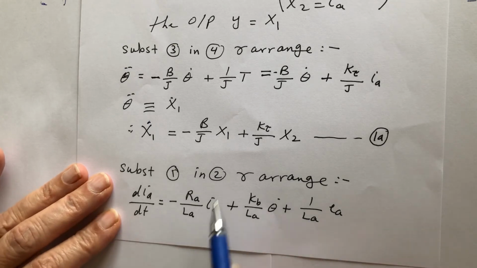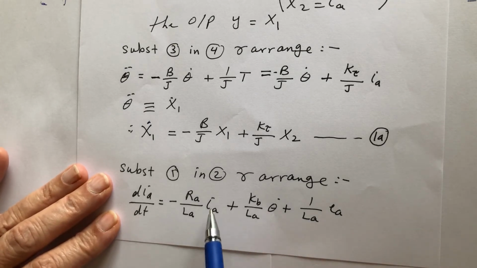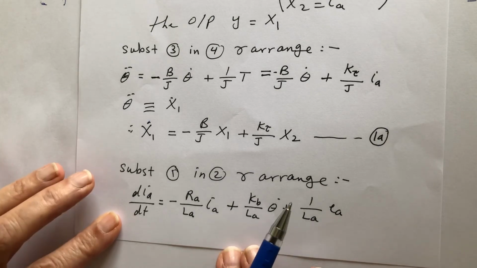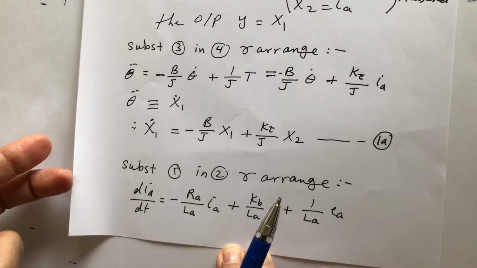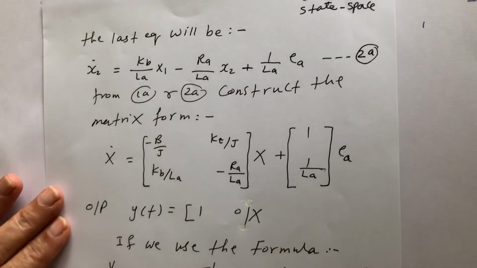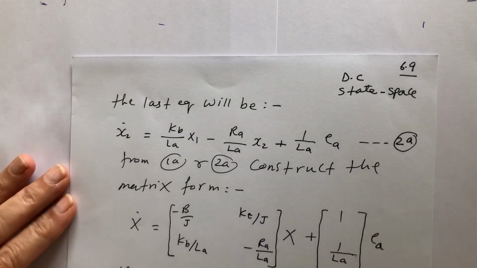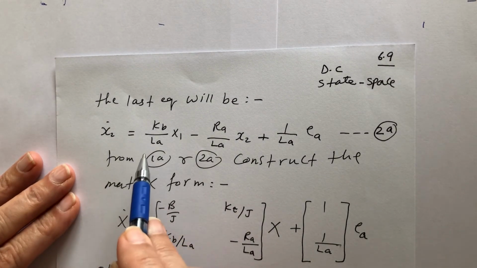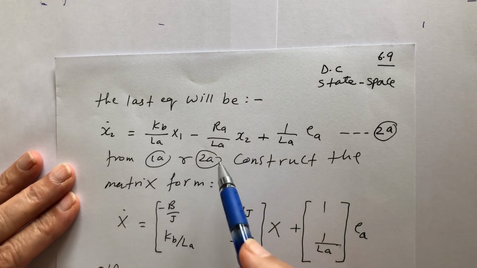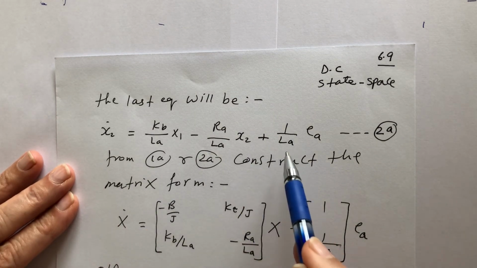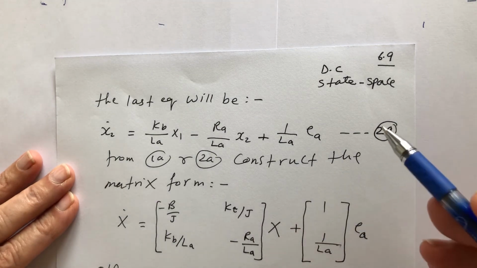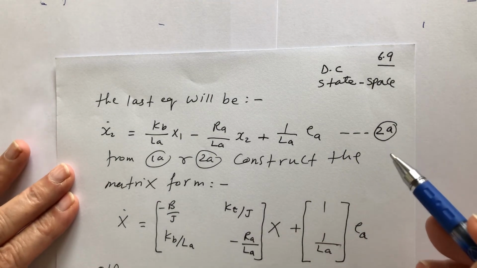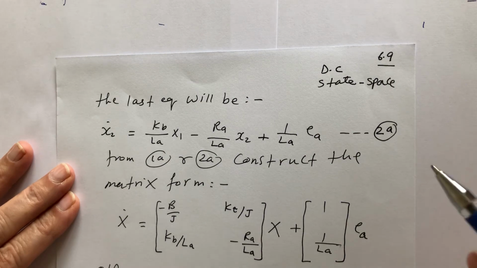So I have to arrange this again in terms of x2 and x1, and I'll have a second state equation. Now, the last equation will be x2 dot equals KB over LA x1 minus RA over LA x2 plus 1 over LA EA. I call the equations that I'm going to put into matrices 1a, 2a. Okay, this one and the one before.